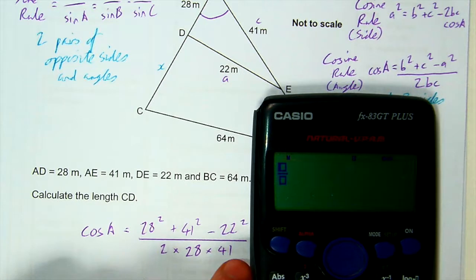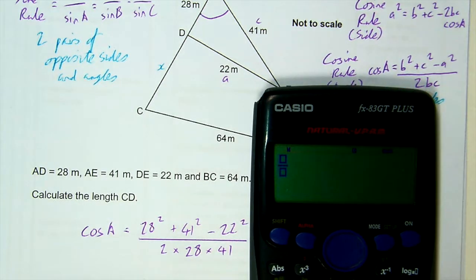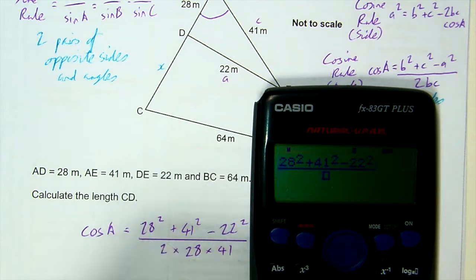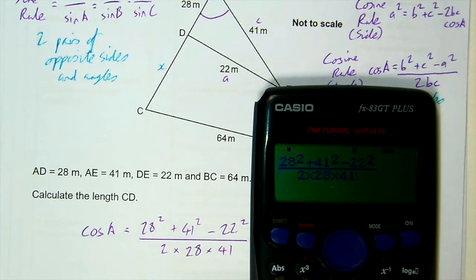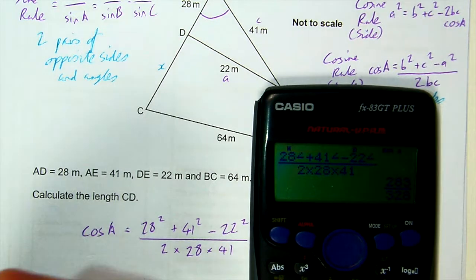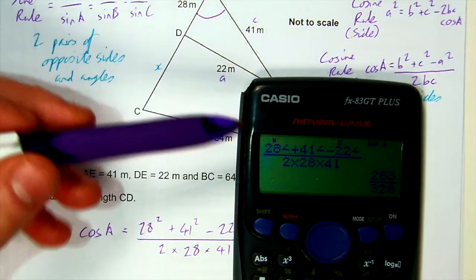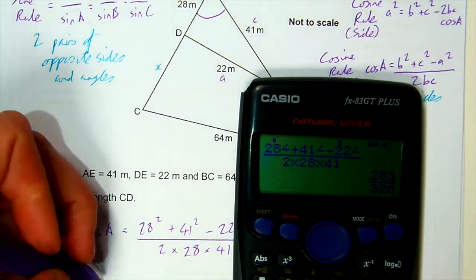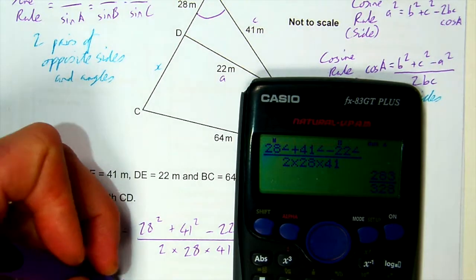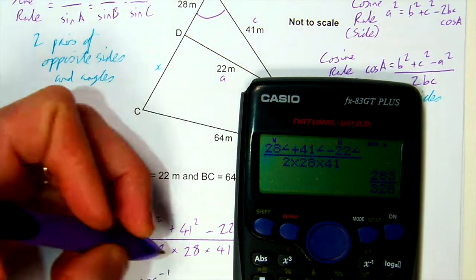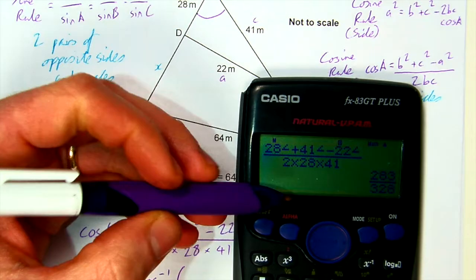Okay, so I can now apply this to find cos A. So I'm going to use my calculator. I can use the fraction function here, so I can put it into one calculation. So 28 squared plus 41 squared minus 22 squared, all divided by 2 times 28 times 41. Okay, and I'm going to get my answer here. Now that doesn't give me the angle, and I need to use the inverse of cos to get my answer.